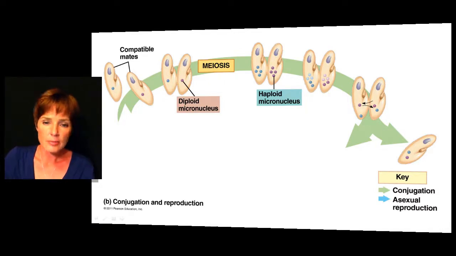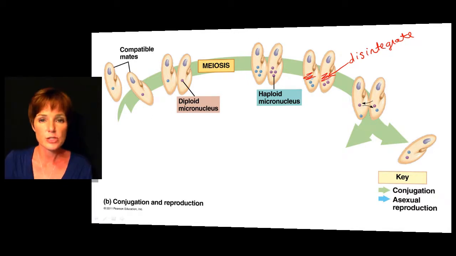What's then going to happen is that 3 of these in each one of the cells is going to disintegrate. So those are going to go away, and then the remaining one is going to divide by mitosis so that ultimately we end up with 2 genetically identical micronuclei that are haploid in each one of those cells.